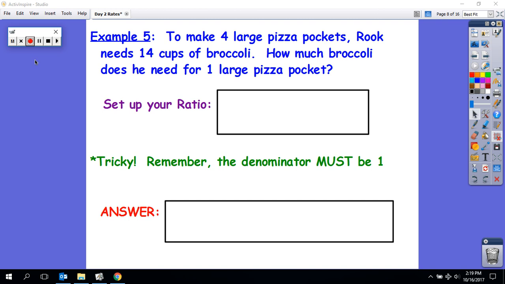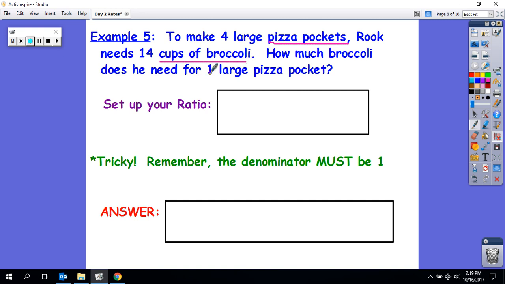To make 4 large pizza pockets, Rook needs 14 cups of broccoli. How much broccoli does he need for 1 large pizza pocket? Okay, what do we want to know one of? That's what's going to go on bottom. So we're dealing with pizza pockets and we're dealing with cups of broccoli.